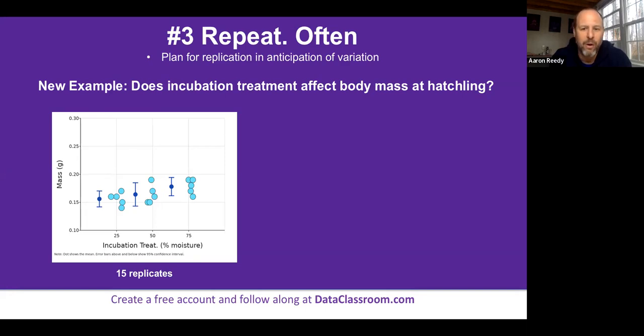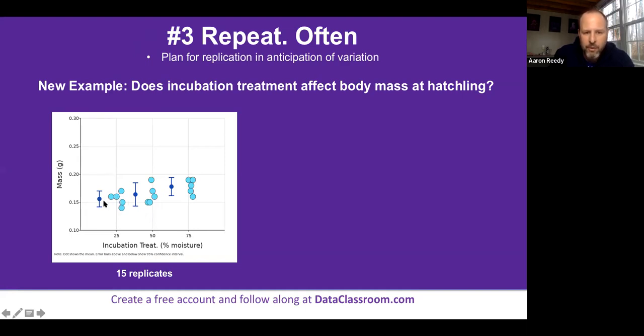What we did was incubate some lizard eggs at a bunch of different incubation treatments, and you can see the body mass of the lizard at the time of hatching. Each of these data points represents a single hatchling lizard fresh out of the egg.